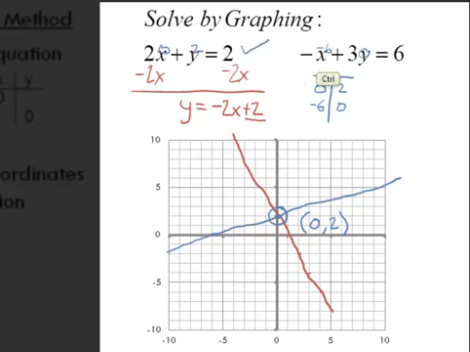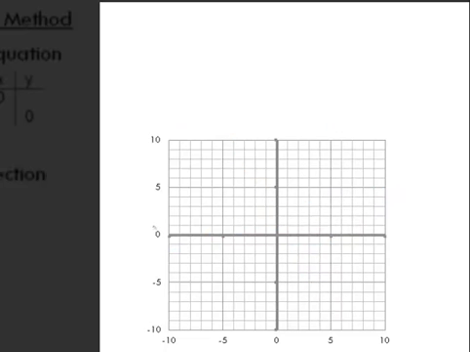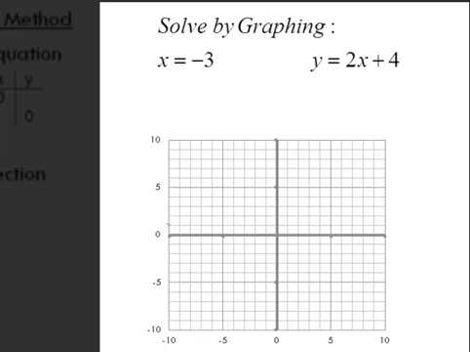Over here, we'll plug in a 0 for x and a 2 for y, and that gives us 0 plus 6 equals 6, and that works, and so our answer is indeed 0, 2. That's the graphing method. Graph the lines, find where they intersect. We'll look at one more example quick.